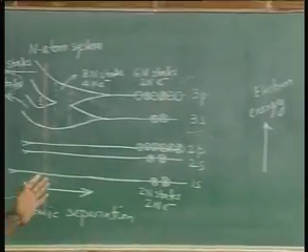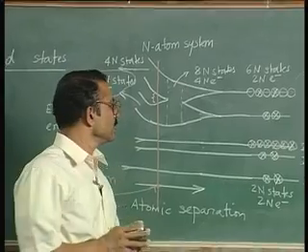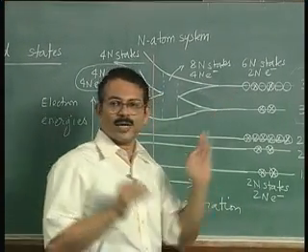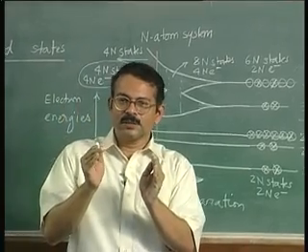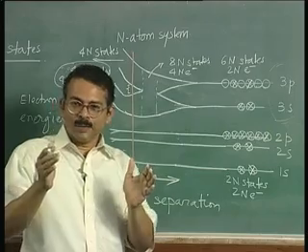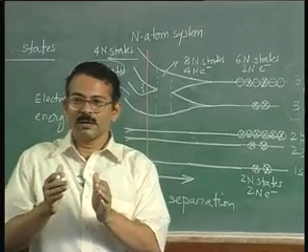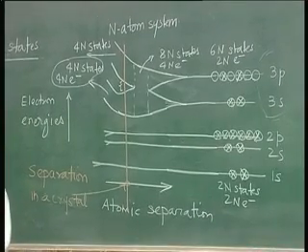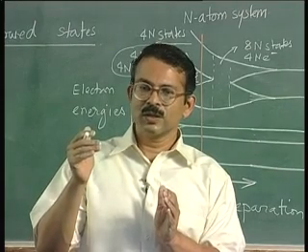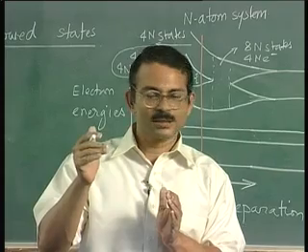Now before we leave this topic of allowed levels, let us try to understand why is it that when the atoms come closer, an energy level of an isolated atom splits into different energies. Okay.